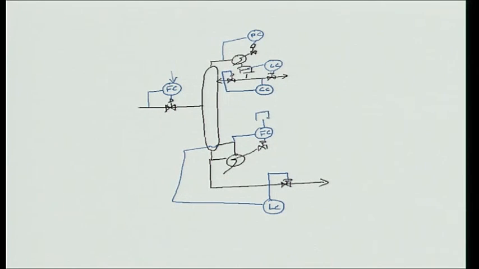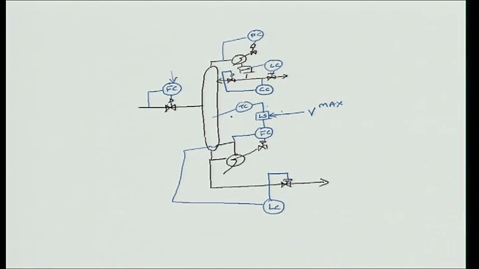This boil up cannot go beyond a Vmax, a maximum boil up, because beyond this boil up the column gets flooded, and then what I have is a low select, and my temperature controller is setting the boil up. Now if the temperature controller is asking for a boil up that is beyond the flooding limit, that means the temperature controller output is beyond Vmax, then the lower of these two signals gets selected, and now temperature control is lost.